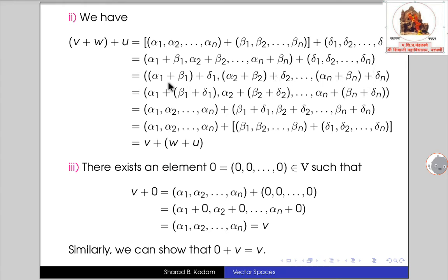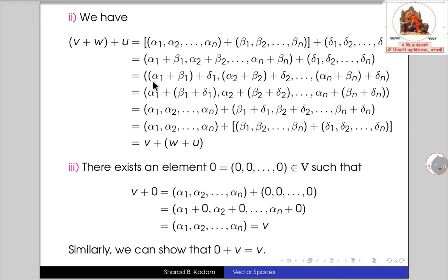Here all the alpha i's, beta i's and delta i's are scalars, so they satisfy the associative property with respect to addition.